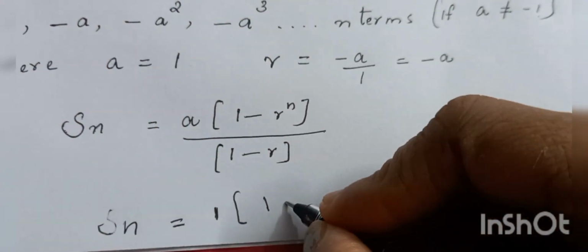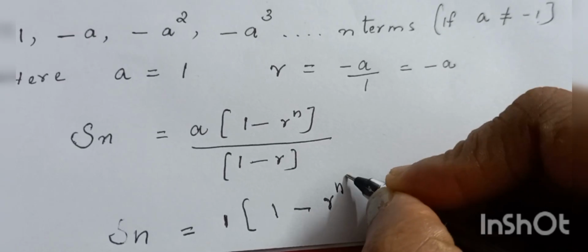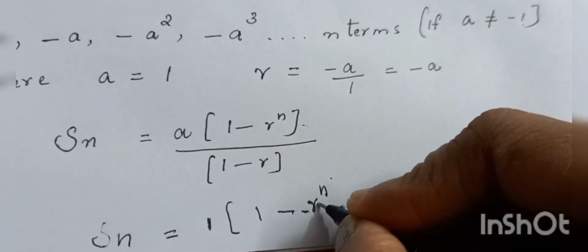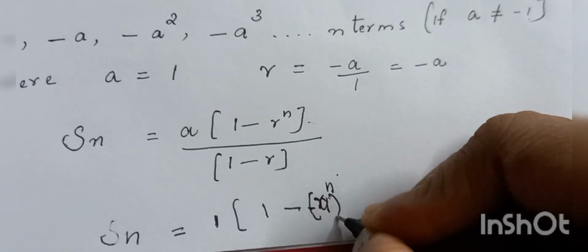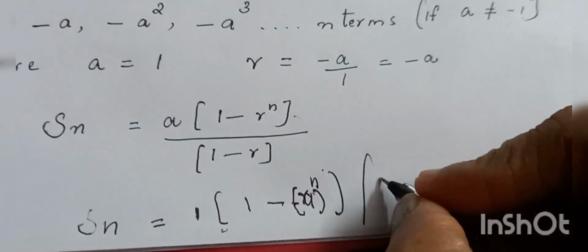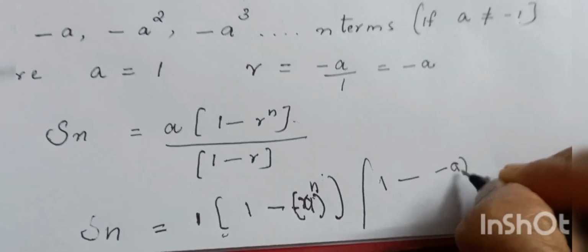So we have to take 1 minus r to the power n. What is r over here? It is minus a. Minus a to the power n divided by 1 minus a.